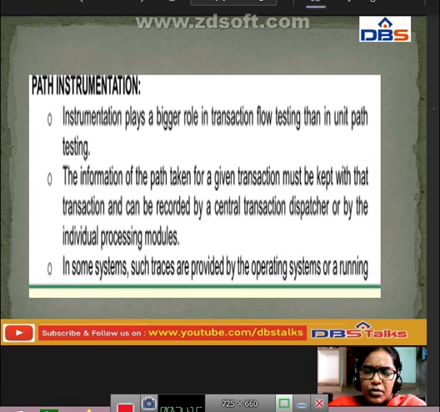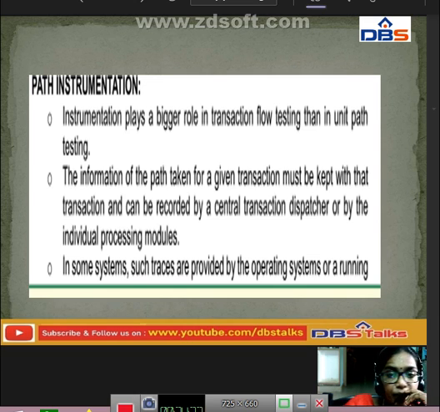Basically it is recommended from starting to ending, I think. And in the recommended path flow also, it is playing a bigger role in the transaction flow than in unit path testing.